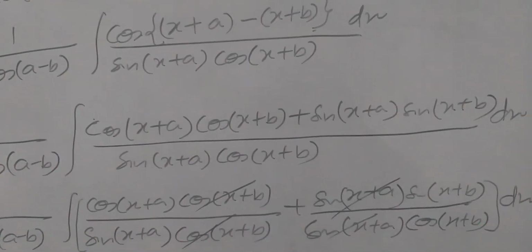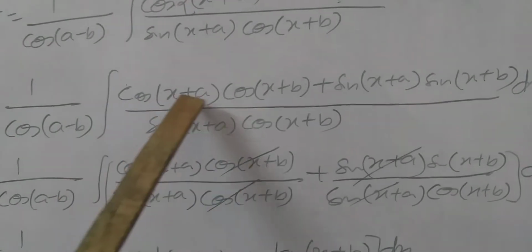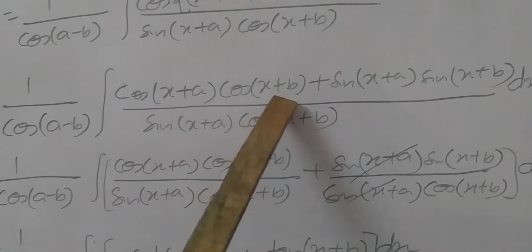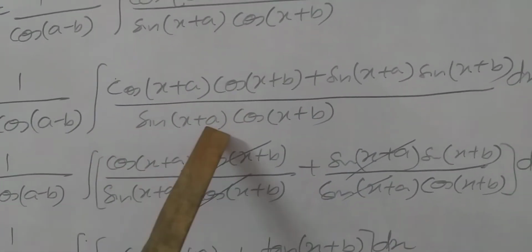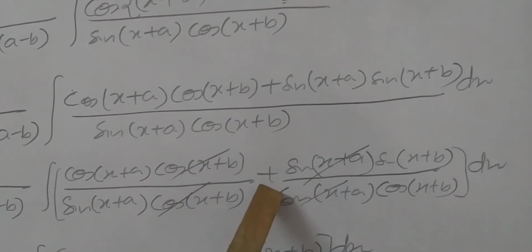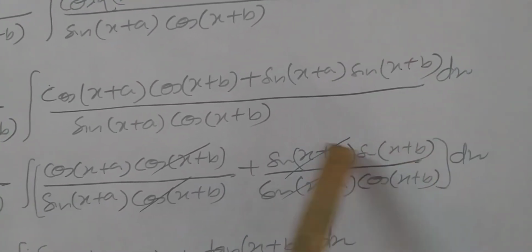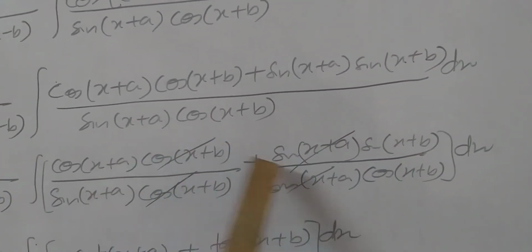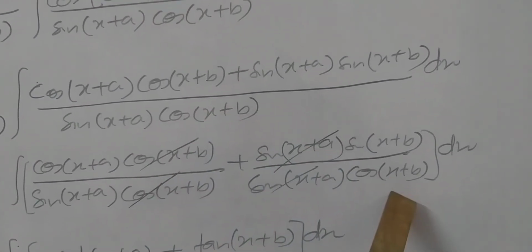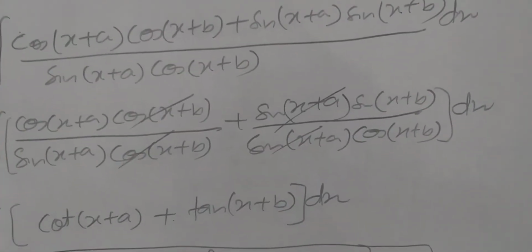Now we can separate both of them: cos x plus a into cos x plus b upon sin x plus a into cos x plus b, plus sin x plus a sin x plus b upon sin x plus a cos x plus b dx. So I have separated both of them.